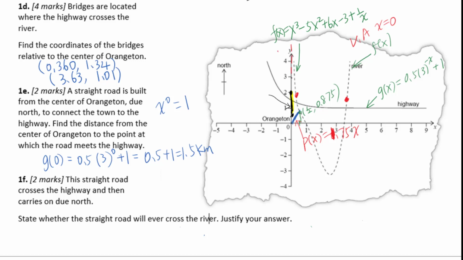So this is the vertical asymptote line for the function of the river. A vertical asymptote line means the function of the river will be very, very close to x equals 0, but never cross. Therefore, the answer for 1f is that it will never cross the river. Justify your answer: you could say x equals 0 is the vertical asymptote line of the river.